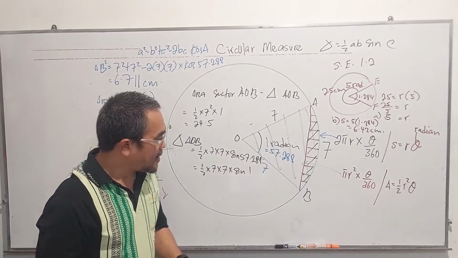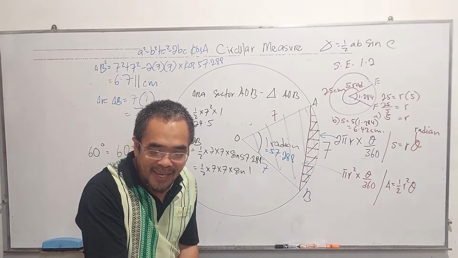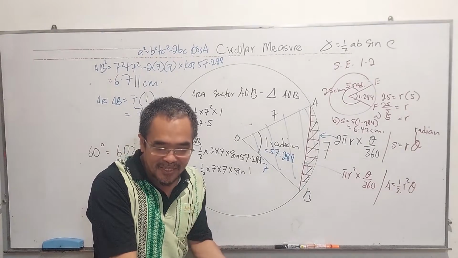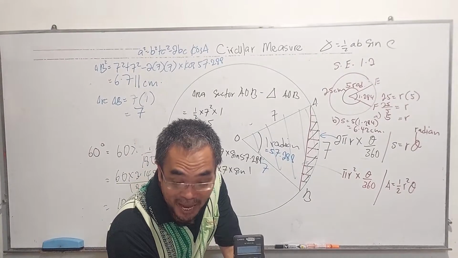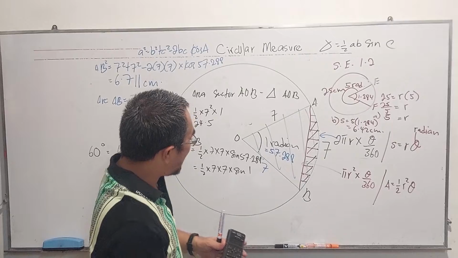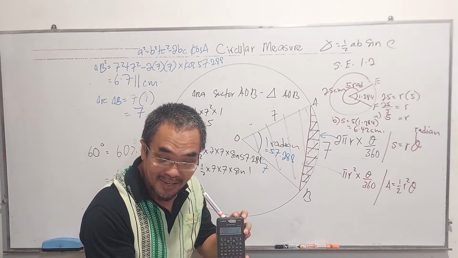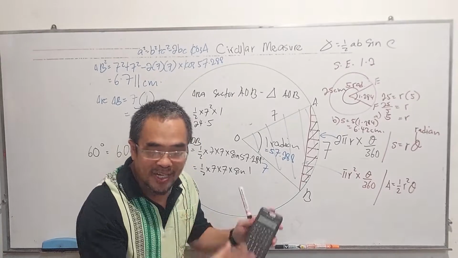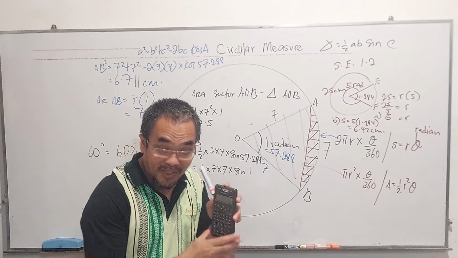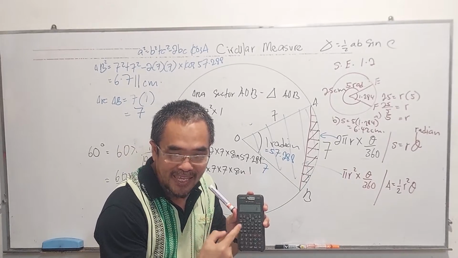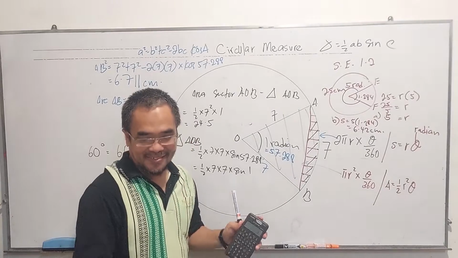But I do not really encourage this. Why? Because I myself sometimes changed this to radian, then when I use it, I forgot to change back. Then all the answers will go haywire, because the calculator is calculating according to 57.288 radians.